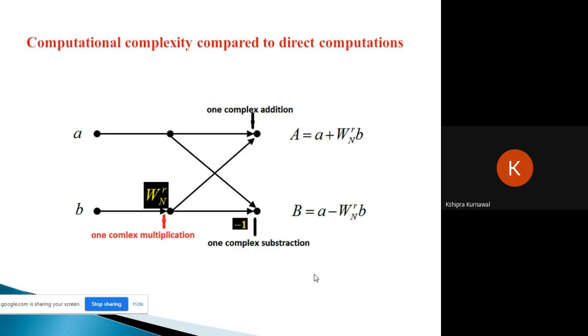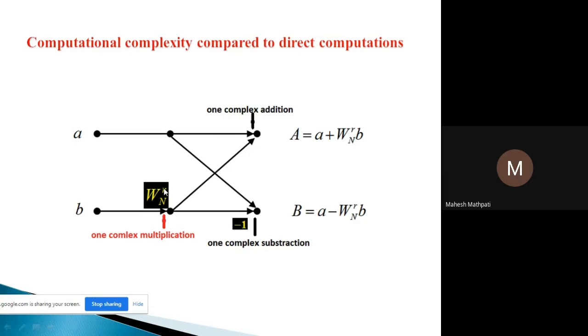Done, sir. Okay. So now what are you understanding with this diagram? Here small a and small b are acting like inputs, right? Then the capital A is the output we are writing. Capital A will be equal to a plus b multiplied with W_N to the power k.